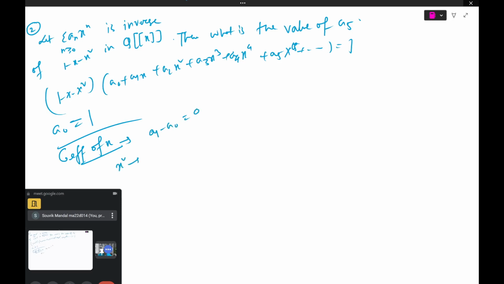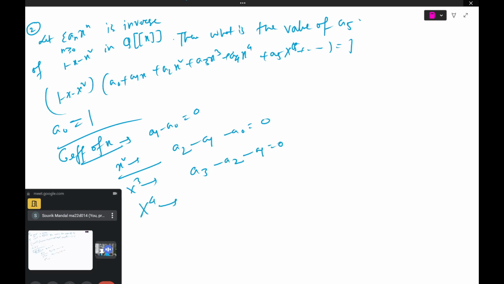Now the coefficient of x square is a2 minus a0, which is equal to 0. The coefficient of x cube is a3 minus a1, equal to 0.